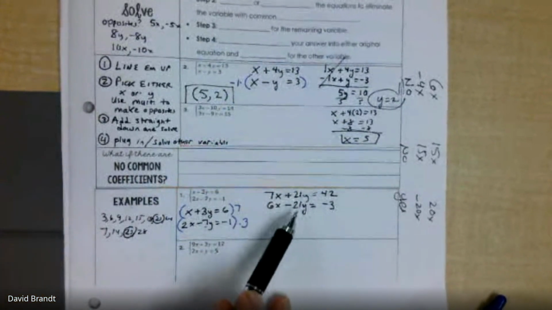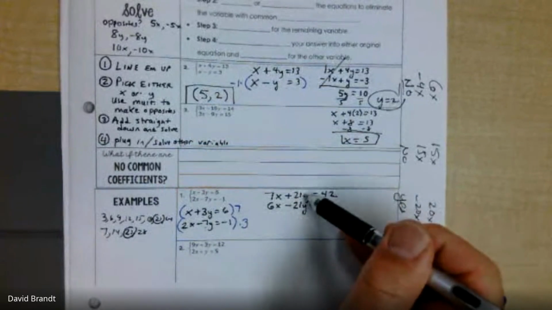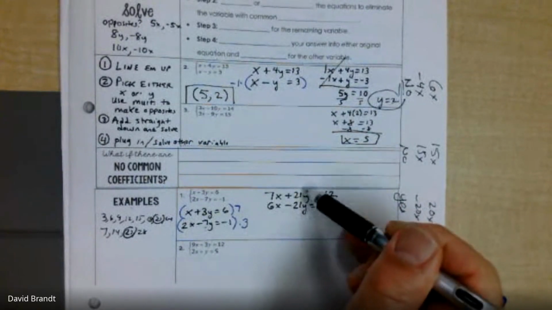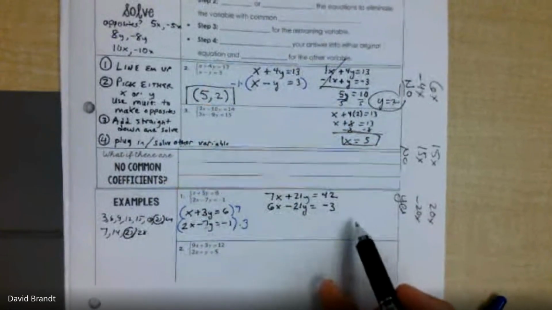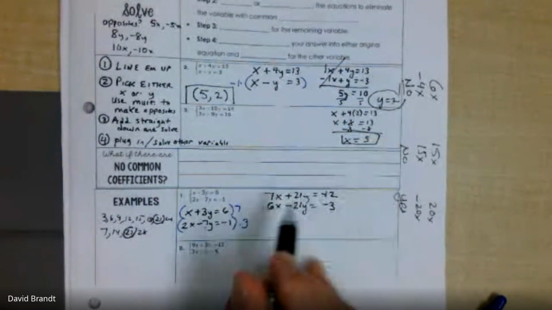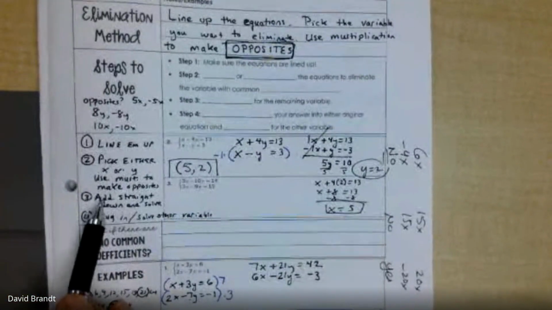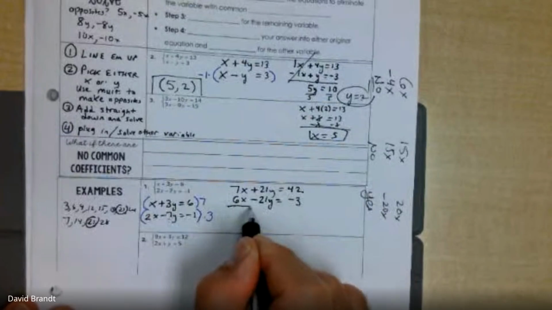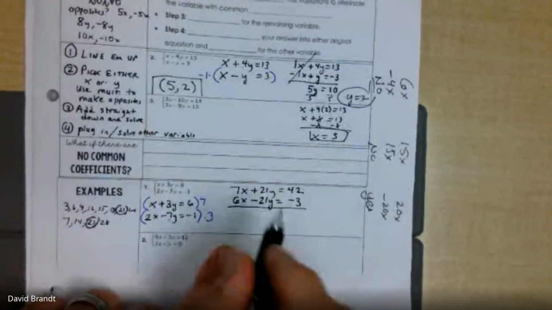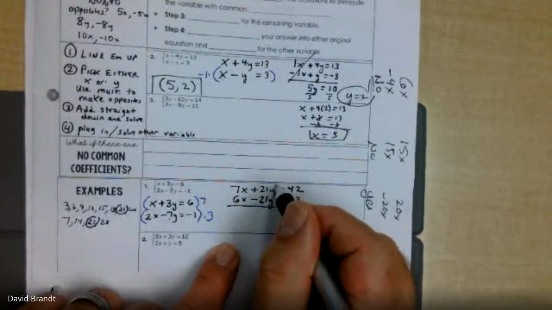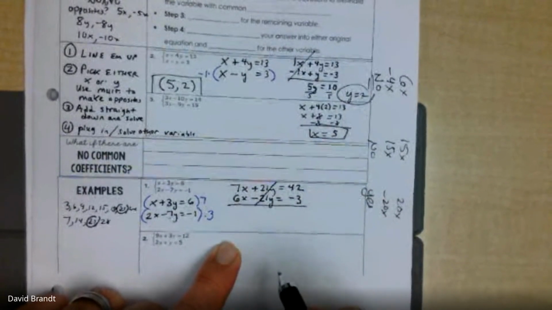And there are my opposites. 21 and -21 are opposites, and that's what we want. What do you do once you have opposites? You add straight down. What happens when you add straight down, and this is why it's called the elimination method, is the y's are eliminated. You cross them out because they're opposites.